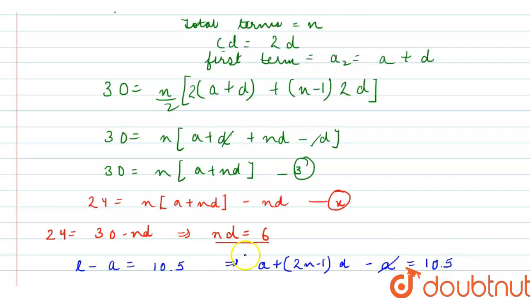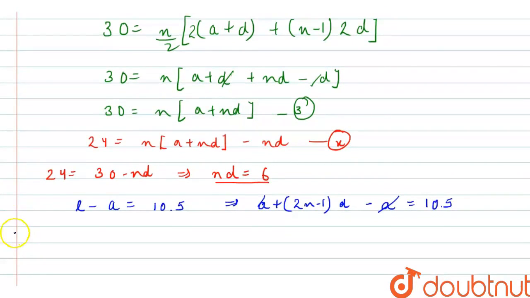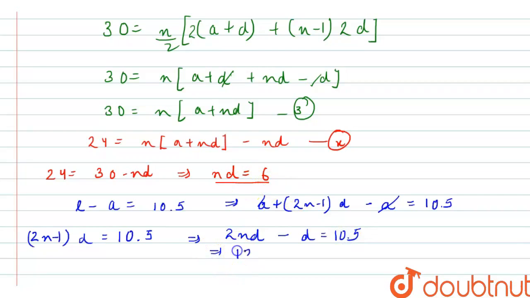Now A cancels with A, so we are left with 2n minus 1 into d equal to 10.5, which implies 2nd minus d is equal to 10.5. Using this value of nd, it corresponds to 2 into 6, that is 12, minus d equal to 10.5. From here I get d, the common difference, equal to 1.5.